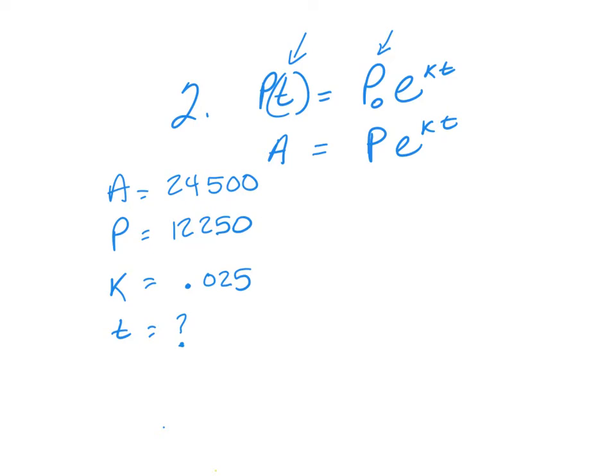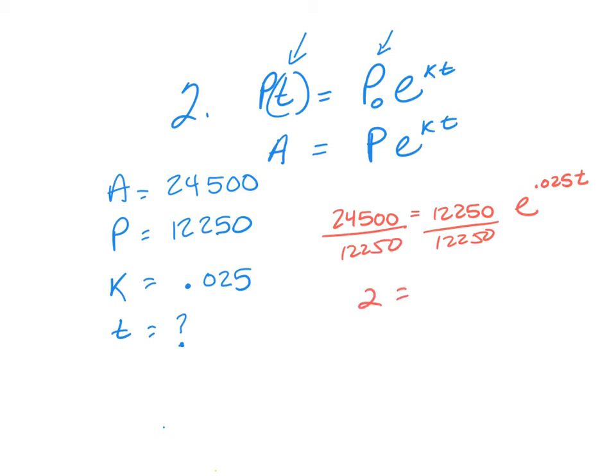All right, so let's put everything in the formula now. 24,500 equals 12,250 times e to the 0.025t. First thing I do is divide by 12,250, which is going to be 2 because that's double, equals e to the 0.025t. Got it? So where is the variable?